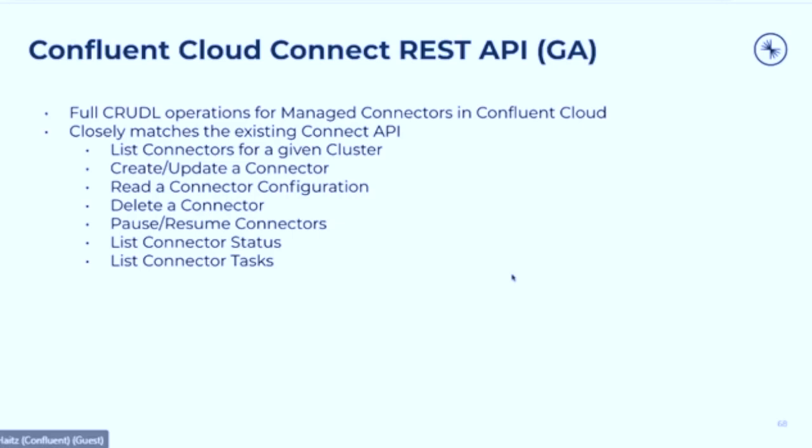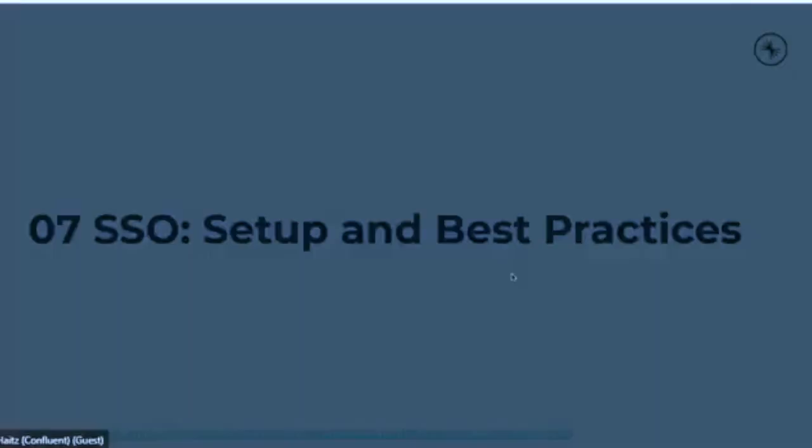As I mentioned earlier, for managed connectors, the REST API is already GA. This might also give an indication of what will be available in the future. The style of the API will of course be very similar for the other Confluent Cloud resources.